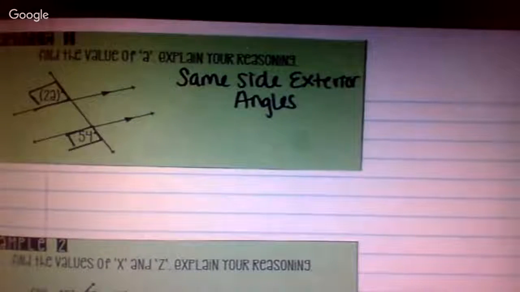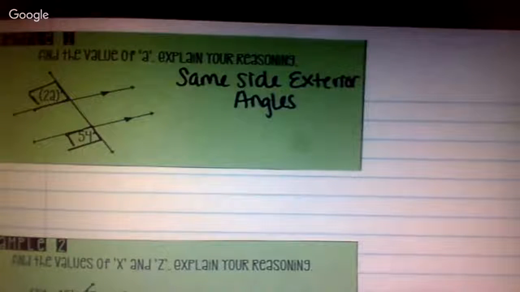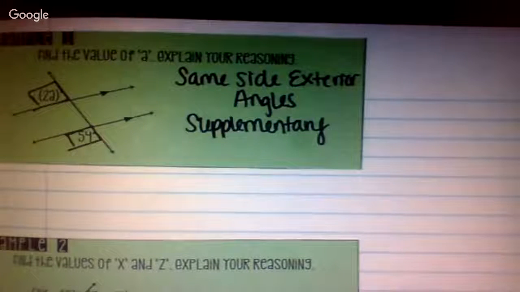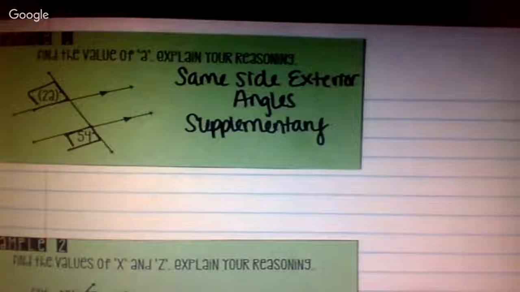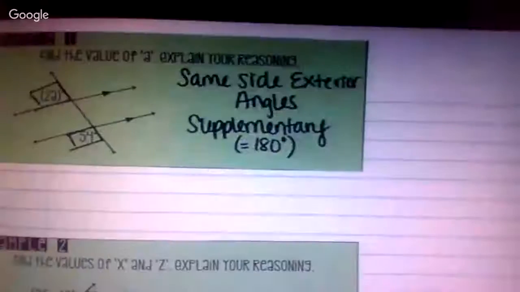Okay, so that's what you're going to have to do first, to decide what do I have so I can set up my equation. You said because these are same side, these are also supplementary. What does the word supplementary mean? This means that both angles added together are equal to 180.